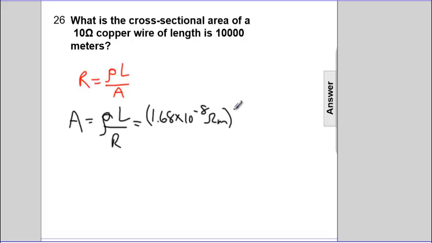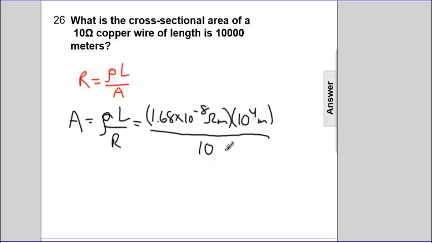So we'll deal with 10K, 10 times 10 to the 3. Let's just call it 10 to the 4 meters. Nice little run of copper wire divided by the resistance, 10 ohms. What is 10 in scientific notation?